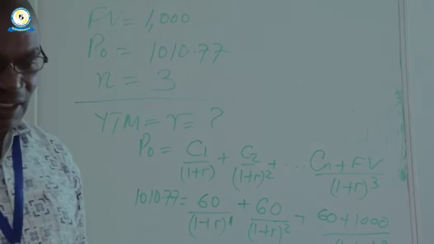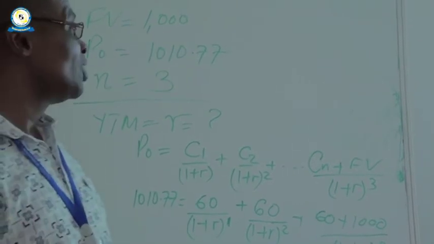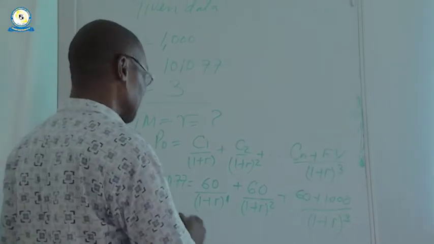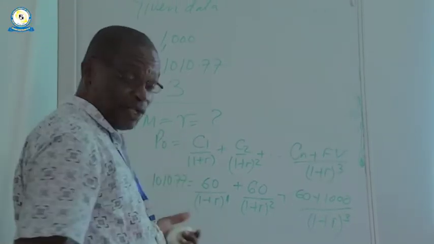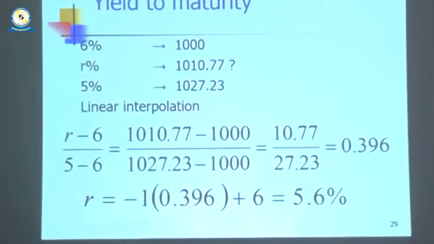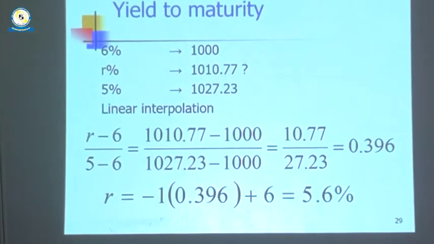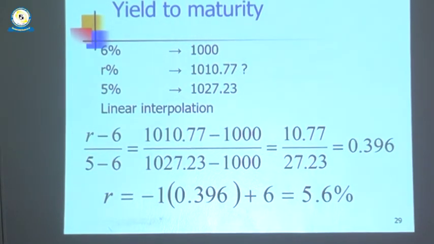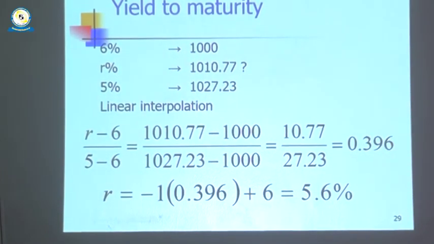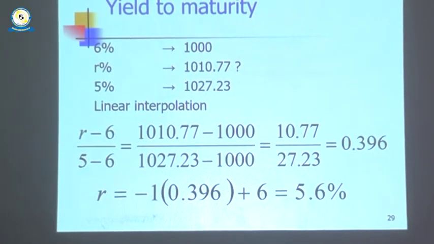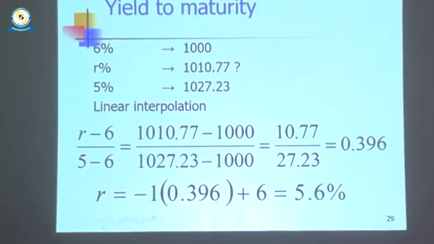So in such a regard, we are going to introduce a method known as linear interpolation. Whenever you are asked to calculate yield to maturity, the linear interpolation formula is very important.